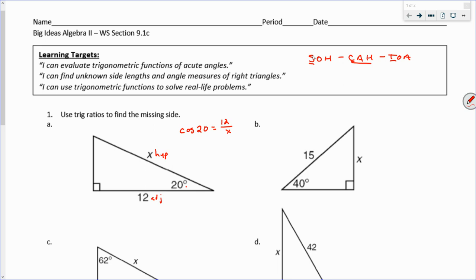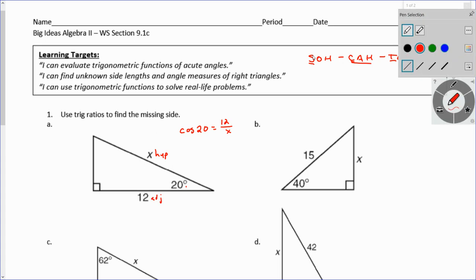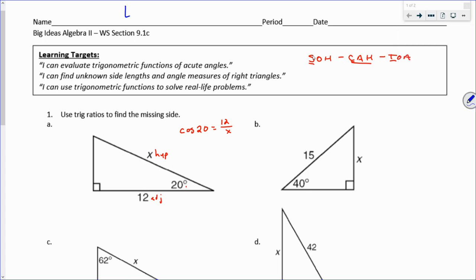Now, I'm going to turn to my calculator. The first thing I'm going to do is hit the mode button. This is going to be an aside. When you scroll down, about the fourth line down, you're going to see a choice between radians and degrees.